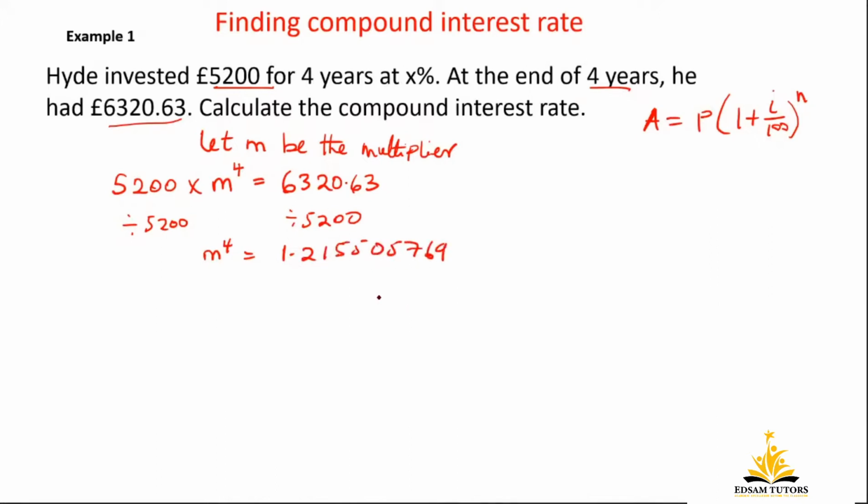You can actually leave it as a fraction, which is quicker. And to now get rid of this 4, I would have to do a fourth root of 1.215505769. Now I'm just going to do that on my calculator.